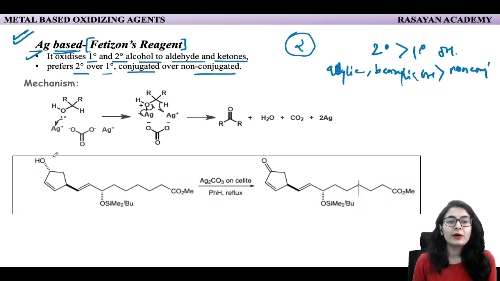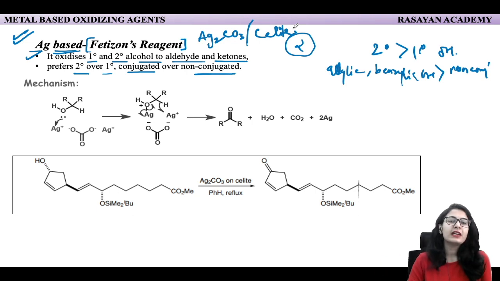Okay, so what is the mechanism guys? As I told you, it is a silver carbonate Ag2CO3 on celite. What is celite guys? जैसे मैंने आपको बताया zeolite जैसे aluminium silicate होता है, ठीक है.